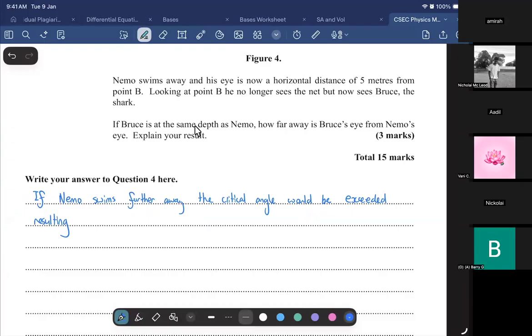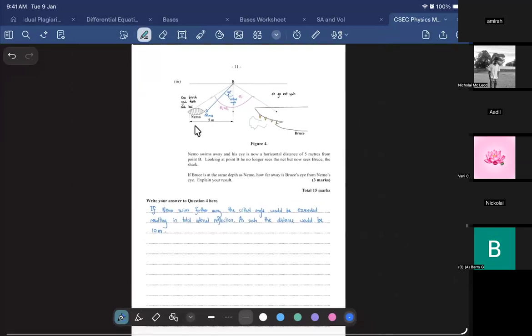Total internal reflection. Right. As such, do we understand that? Yes, sir. Okay.